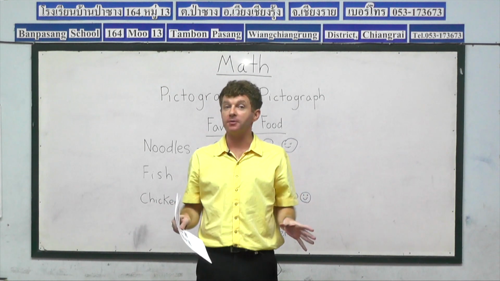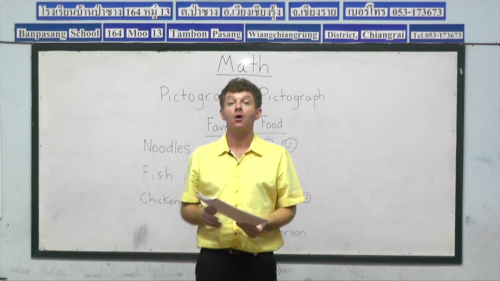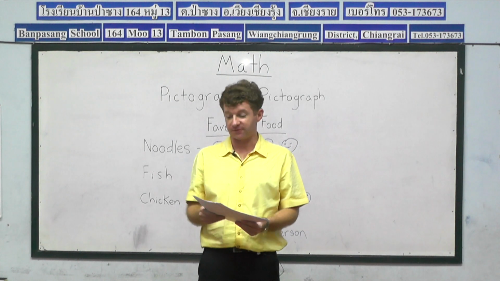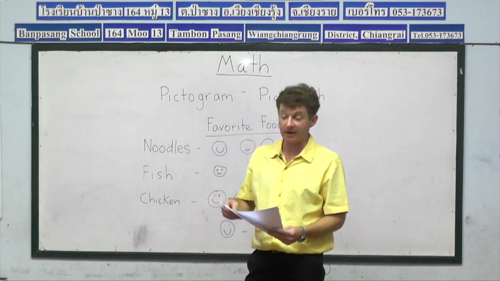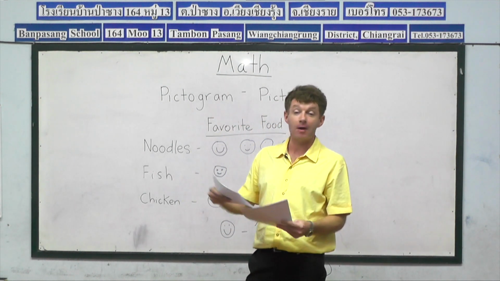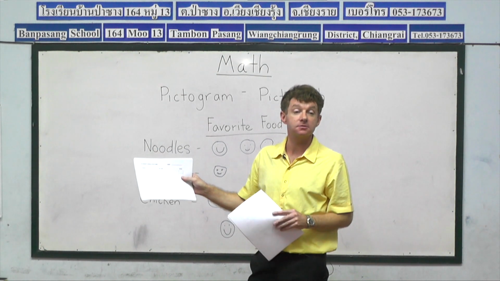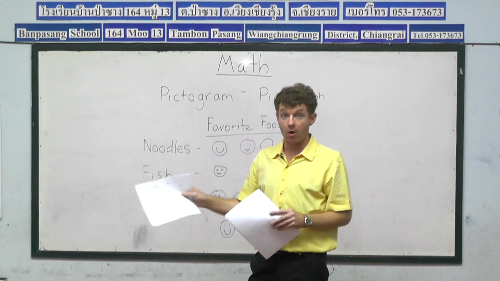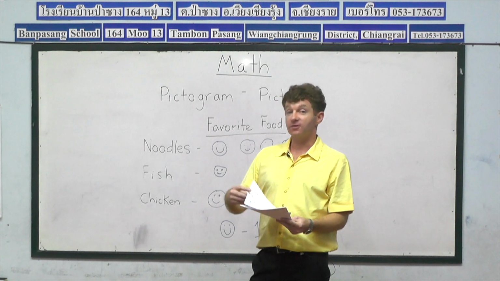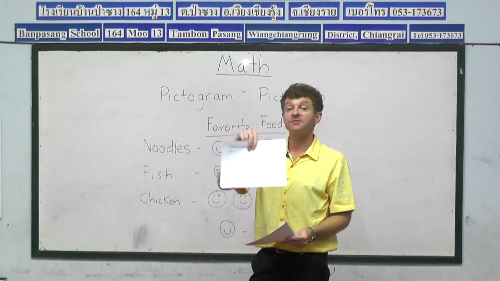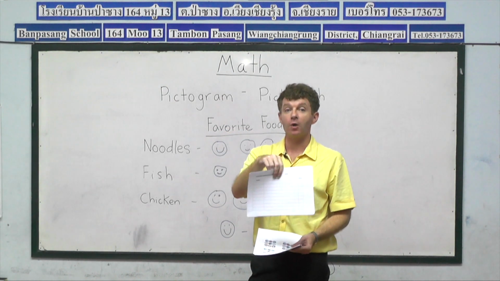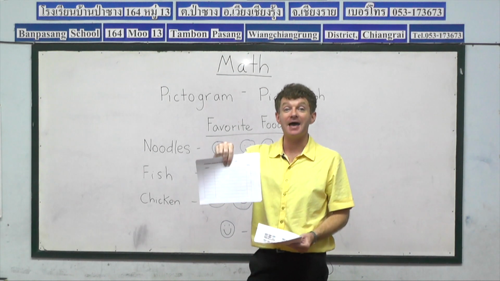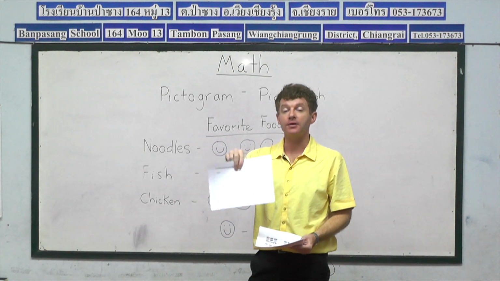And what's going to happen now is our students are going to design their own pictogram, which is called, ready guys? Our pictogram will be animals on my farm. So teachers, what you'll need to do is give each student one of these worksheets so that they can design the numbers of animals on their farm.